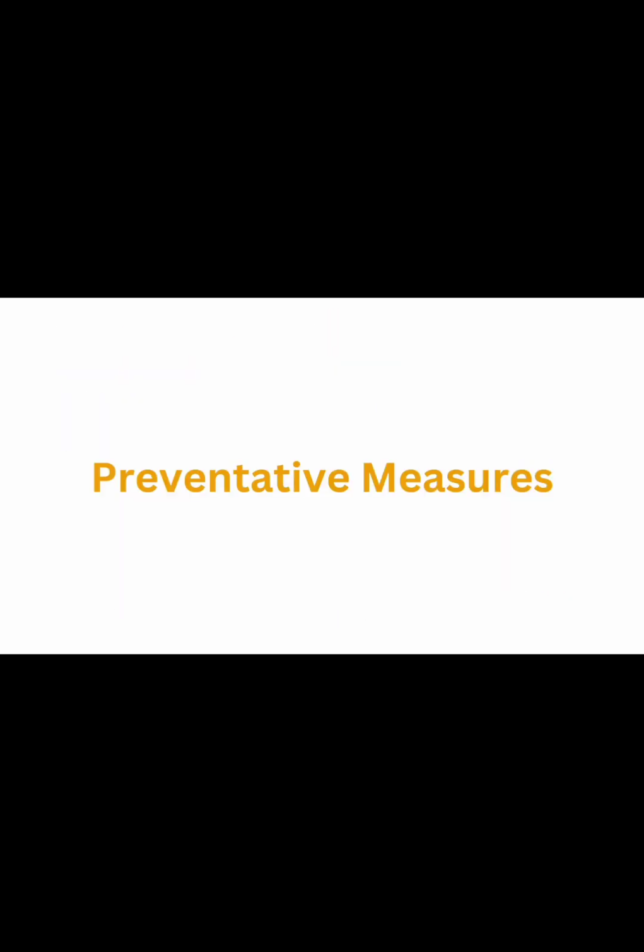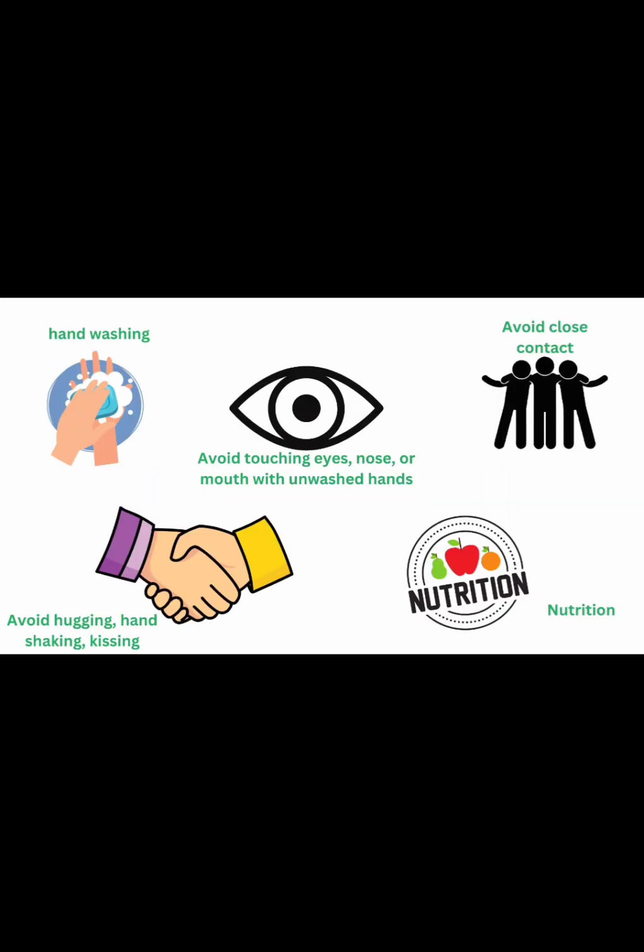What are some ways to prevent being contaminated with an infectious agent? We're going to wash our hands with soap and water thoroughly and often. Another way is to avoid touching your eyes, nose, or mouth with unwashed hands.